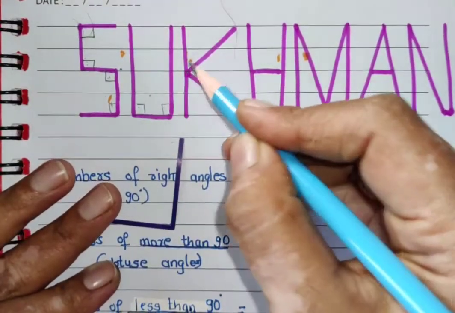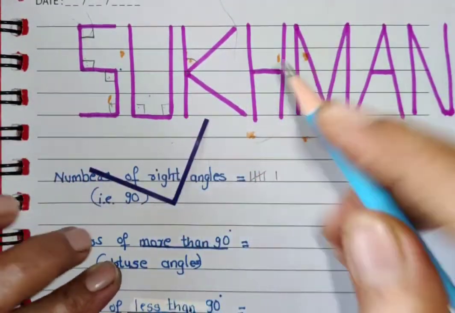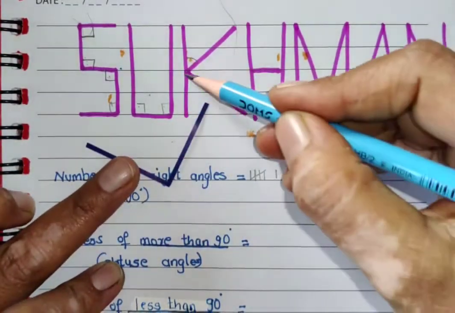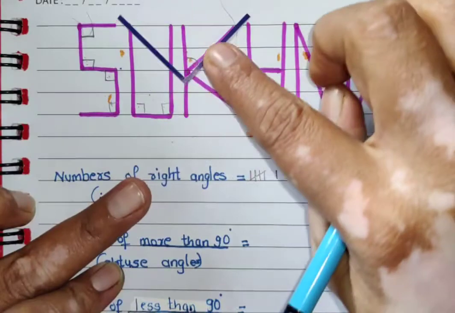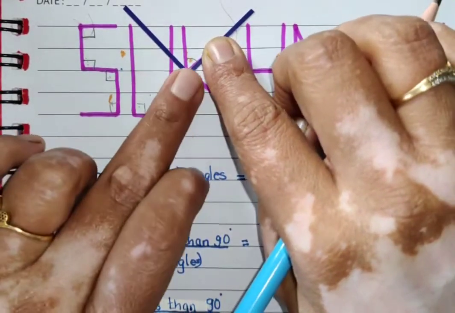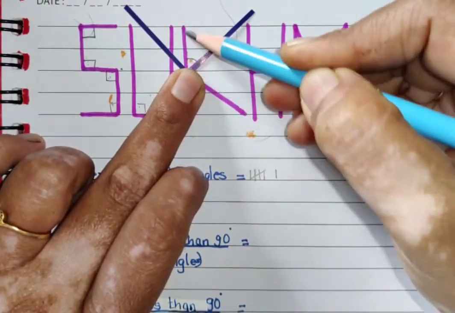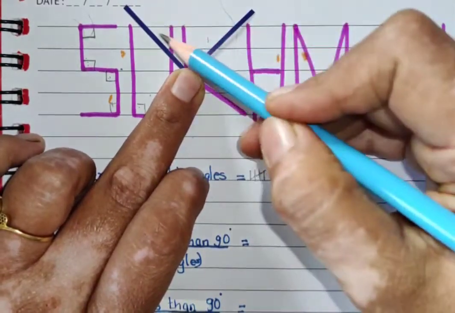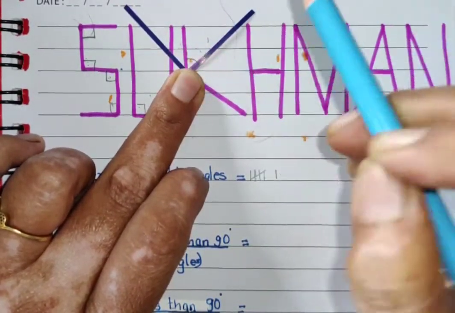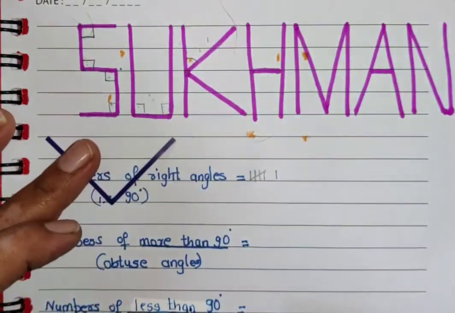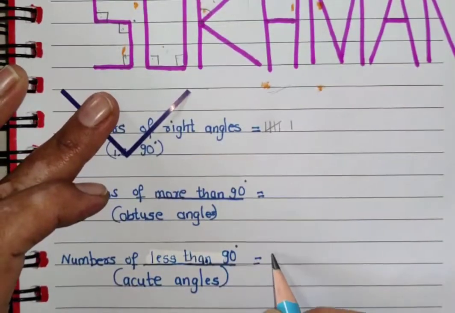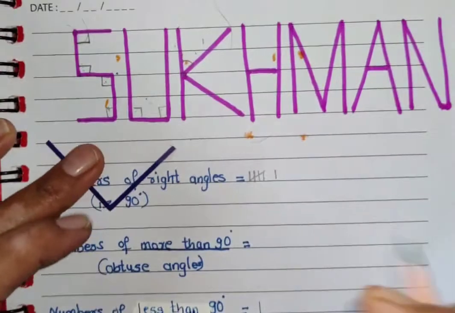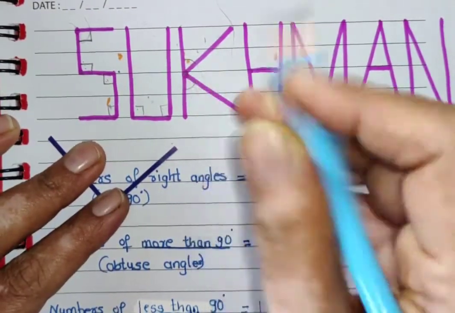Now let us count for this. This is the vertex and this angle we want to find. So we have to overlap one vertex and one arm by this, so that we will come to know that this line is still inside the 90. It has not yet come till 90. So this is an acute angle. So we'll put one line in acute angle. Then we'll count for this angle.